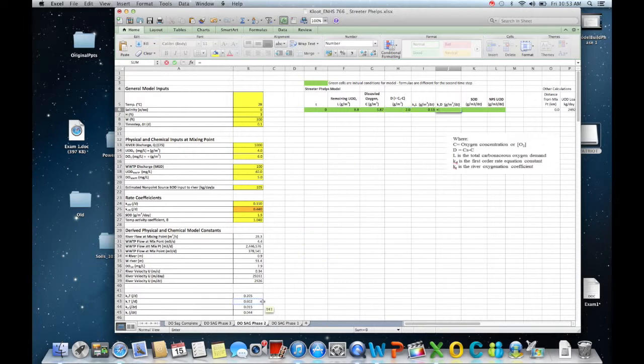So here's our reaeration coefficient, and we're going to go ahead and just anchor that, put a $ sign in front of the B and the 45, and then multiply by D. Now you've basically got your initial boundary conditions there. We're not going to worry about SOD and UOD yet. We're going to just look at that very straight Streeter-Phelps model. But once we've got that taken care of, we can start looking at refining it.